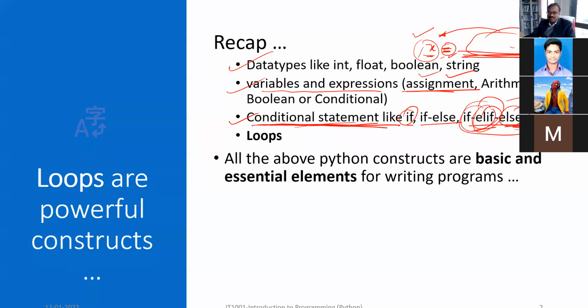This is one single statement, whether it is a simple if or if else or if and then multiple elif followed by else. It's one single if statement, a conditional statement.